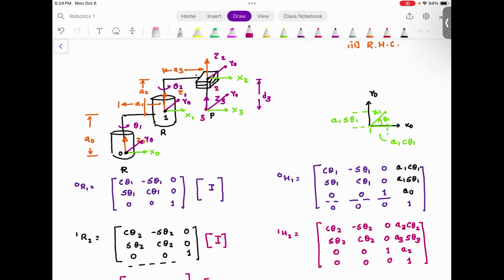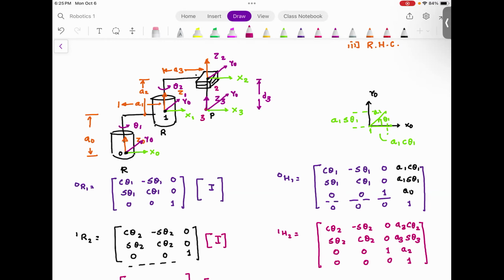There is a reason I assume Z3 is in the same direction as Z2, so that you get identity. If Z3 goes in the opposite direction, you will have to flip the sign. Everyone understood this? So even if your rotation matrix is the identity, unless your axes are aligned perfectly, the projection matrix will not be an identity. Everyone understood this?